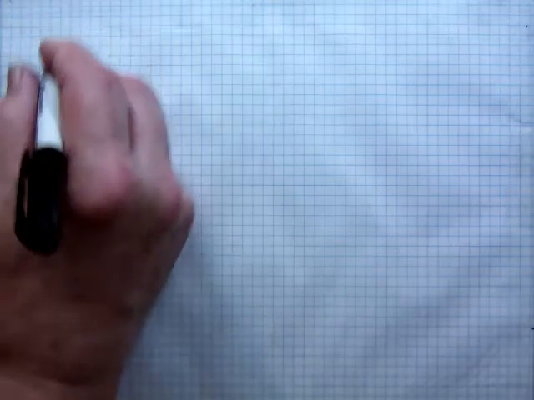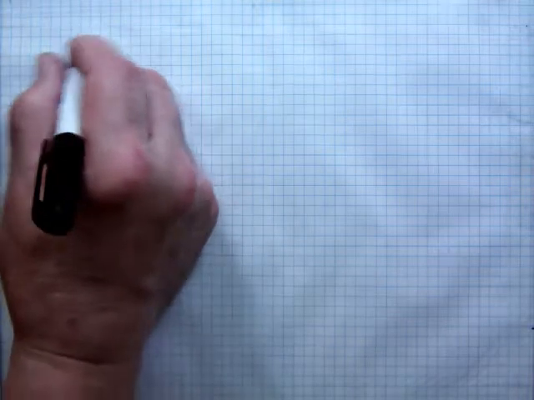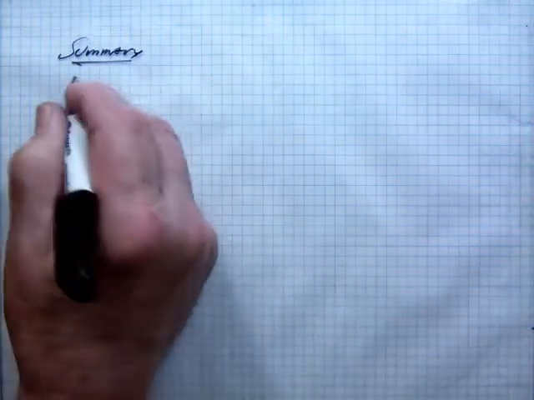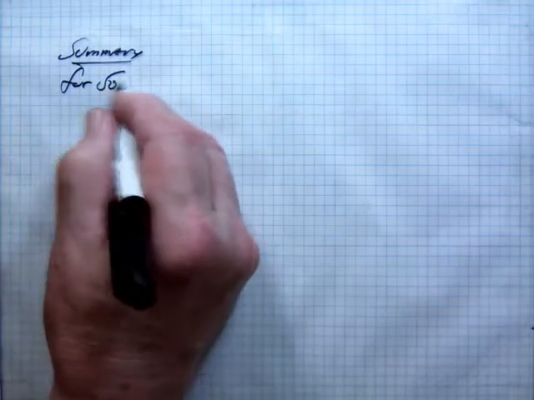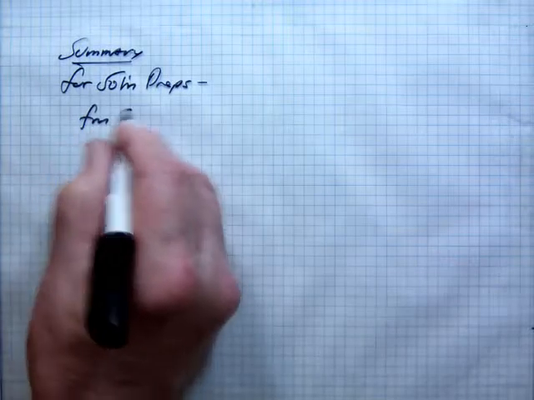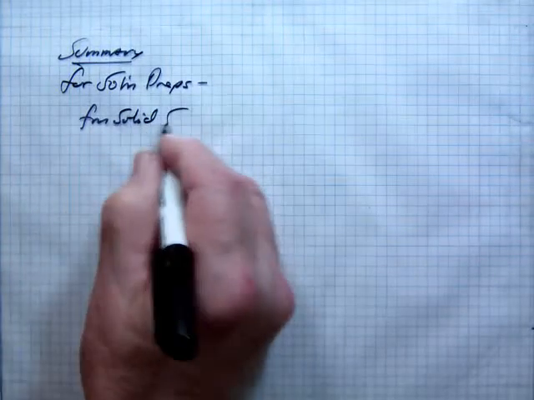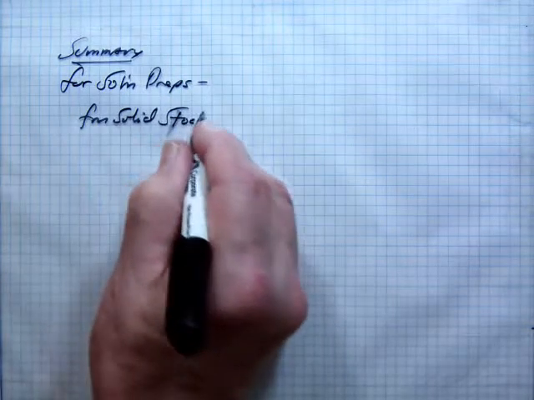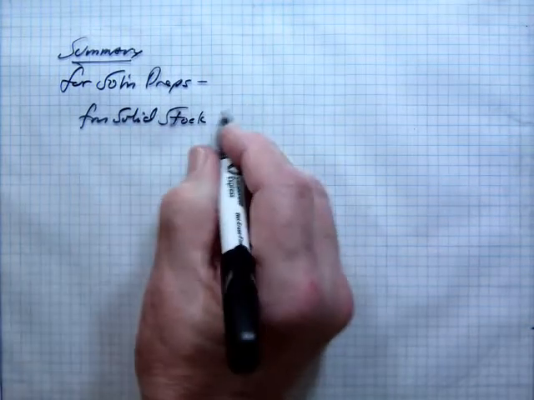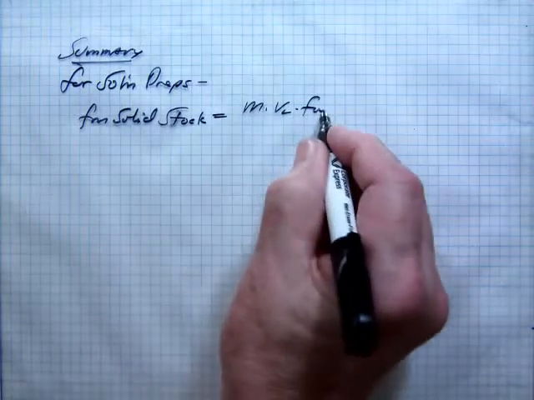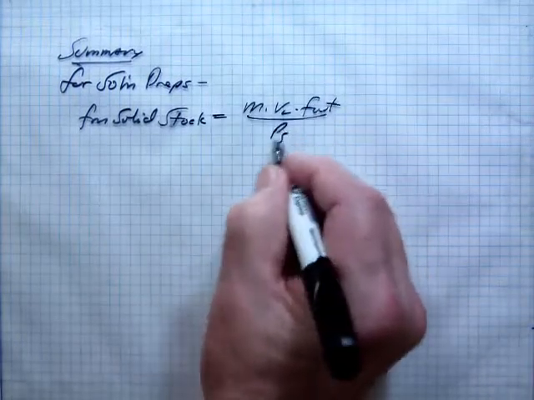Okay, so to summarize, for solution preps from solid manufactured stock, of course, it's molarity times volume in liters times formula weight over purity factor.